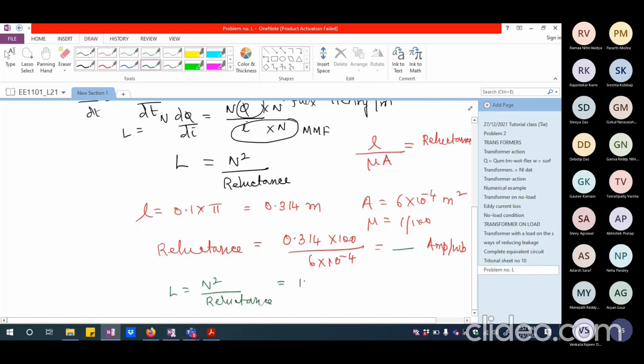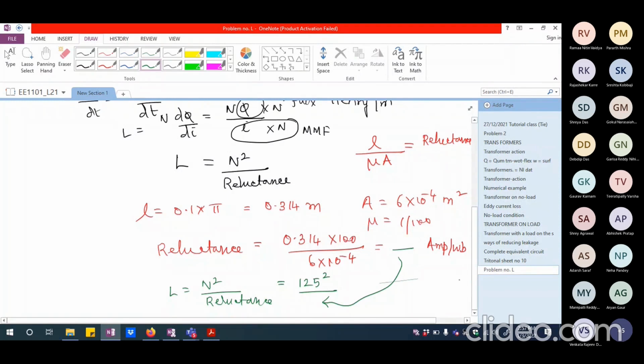N is 125 turns. So 125 square divided by this reluctance value will give me the inductance value. Any questions on this? Is this clear? Inductance is N square by reluctance. You understand the derivation, right? Any questions?